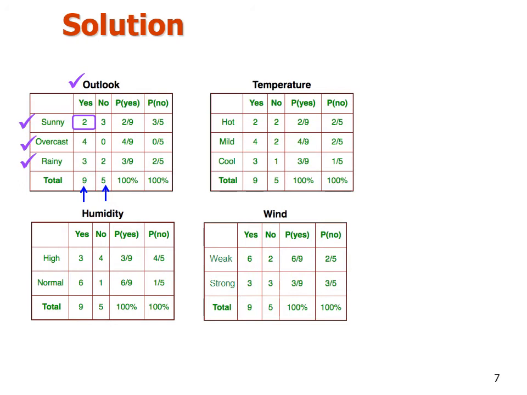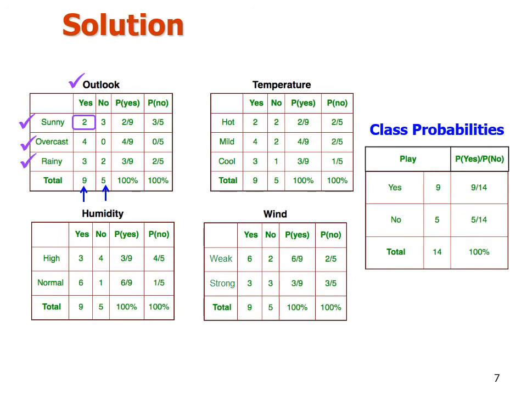Now the second computation that we would like to have is, we want to find out the class probabilities. So at the right hand side we are having one table that denotes class probabilities. In this table, we are having a column play tennis with 2 distinct values, yes and no. Total number of instances for play tennis yes are 9 and play tennis no are 5.